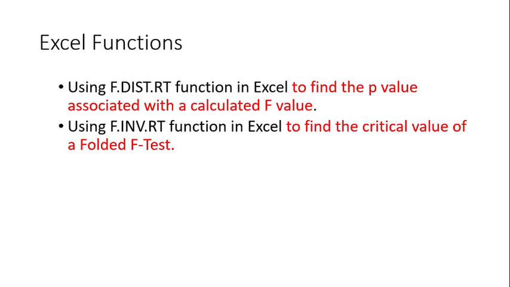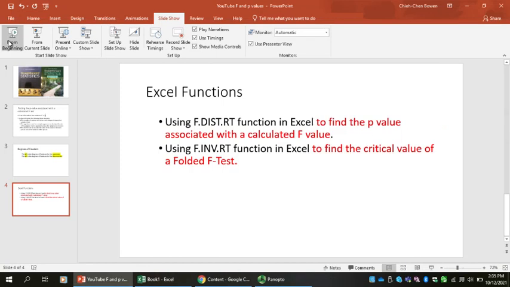We can find the critical value of a folded F-test, which means you have set an alpha level, like alpha equal 0.05, and you need to know what that critical value of F is. So it's a known probability and we're trying to go back to find the F value. These two are something I will show you how to do in Excel.